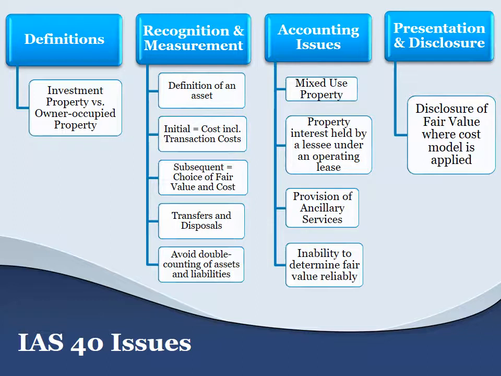Do you still have investment property in that situation? If you're providing cleaning services, or support services, you may be providing security services to tenants in a building that you operate, are you still in that investment property mode, or should you be looking at this as owner-occupied property? So we still need to make all those distinctions, but IAS 40 takes us through that entire process. And it also deals with situations where, for whatever reason, we are unable to determine fair value reliably. How do we address that?